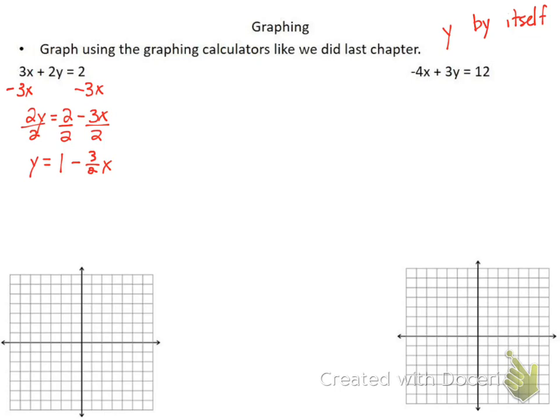So what I'm going to do is, just like we did last chapter, once I get y by itself, I can do a little xy table, -2, -1, 0, 1, and 2. And so I can jump over to my graphing calculator and plug in my equation. So I'm going to clear this off quick.